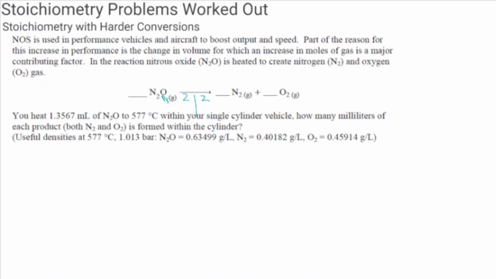Then we look at our oxygens. And this is where we're going to have a little issue. Right here we have 1 oxygen on the reactant side, and then on the product side we have 2. So in order to make those equal, we're going to put a coefficient of 2 in front of the N2O. So that's going to change oxygens to being 2, so those are even.